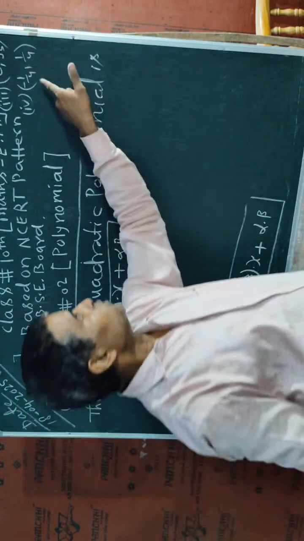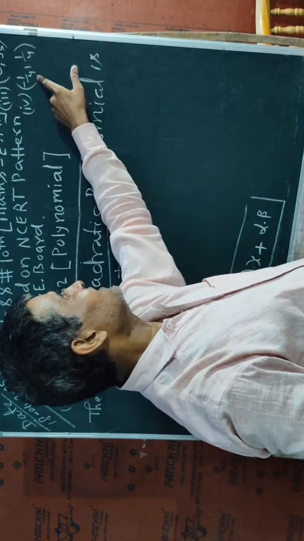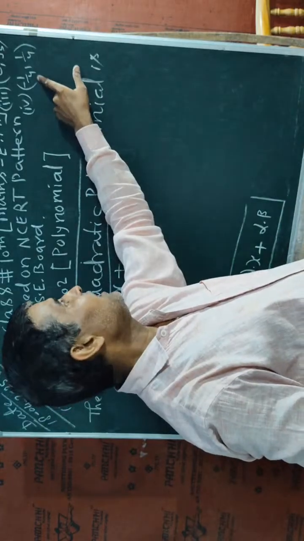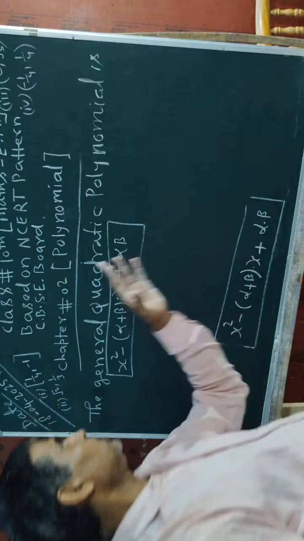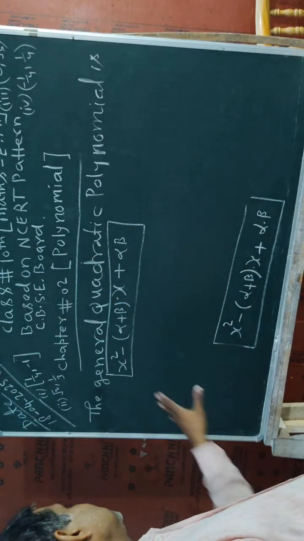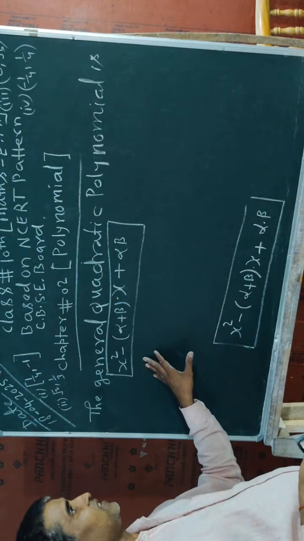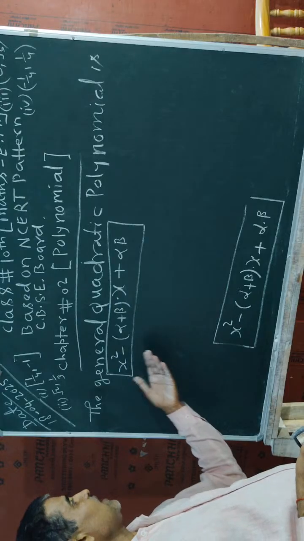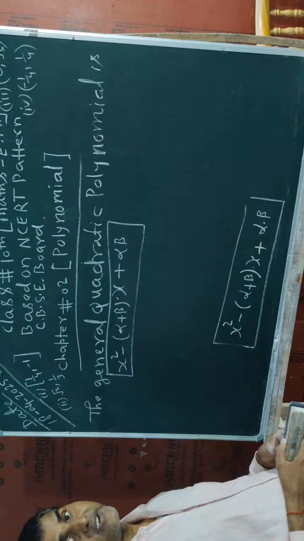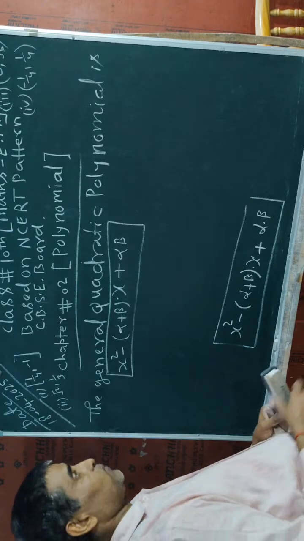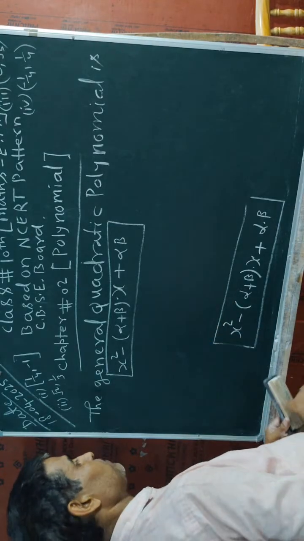Okay student, so this minus 1/4 that is also known as alpha plus beta, and 1/4 that is alpha into beta. So this data I will set in this general quadratic polynomial, and after setting and after simplification I will get the particular quadratic polynomial, and that is the answer of my question.